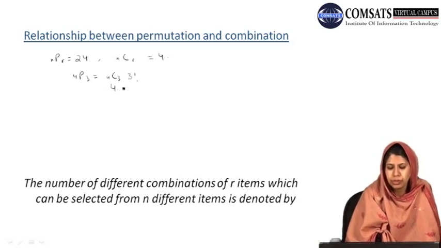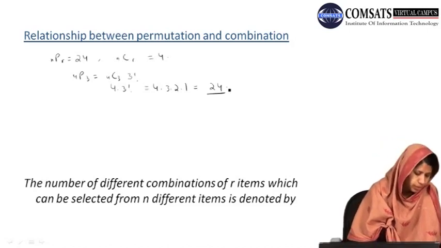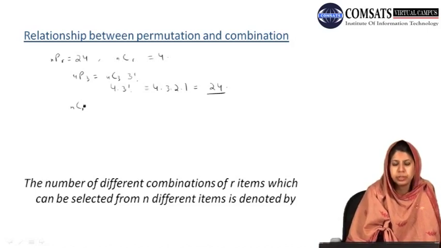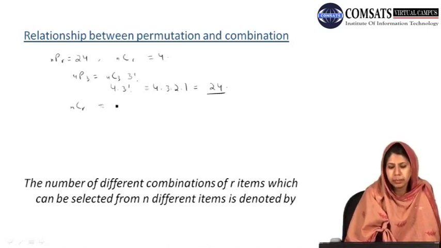That is, 4 into 3 factorial, which is 4 into 3 into 2 into 1, which is 24, which is nPr. From here we obtained that the number of possible combinations is nothing but the number of possible permutations divided by r factorial.